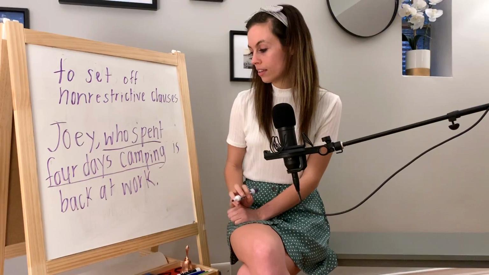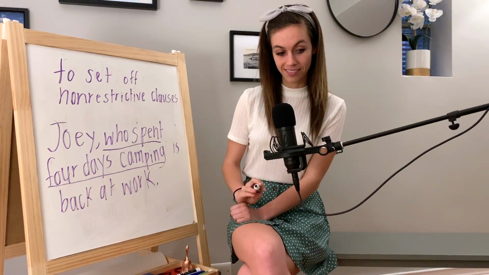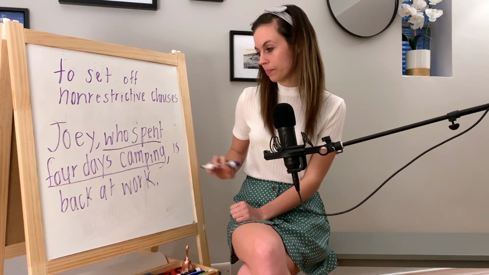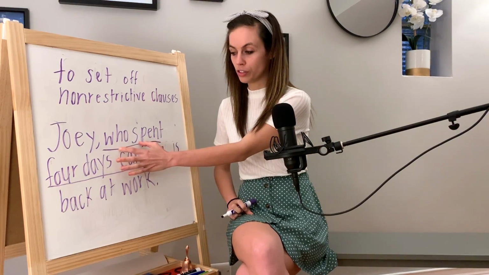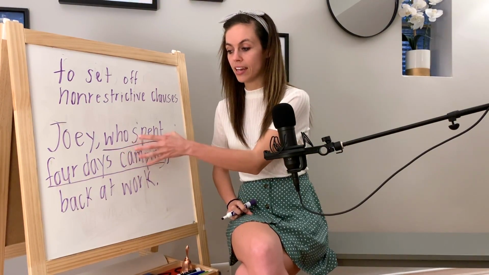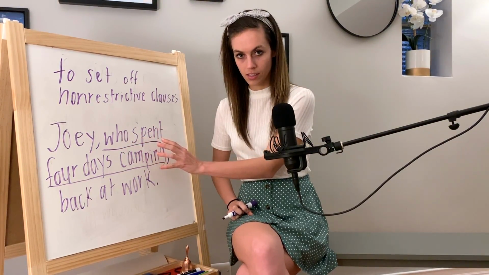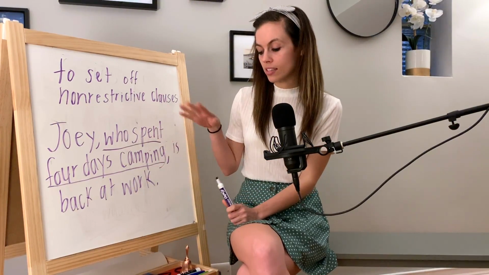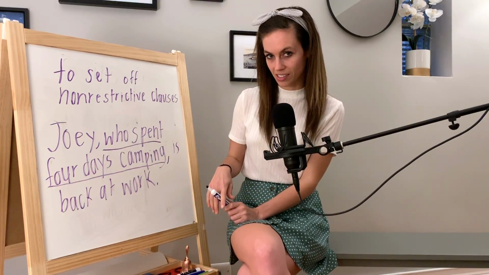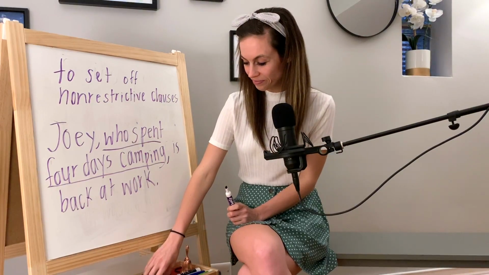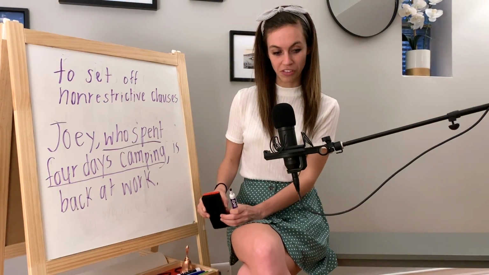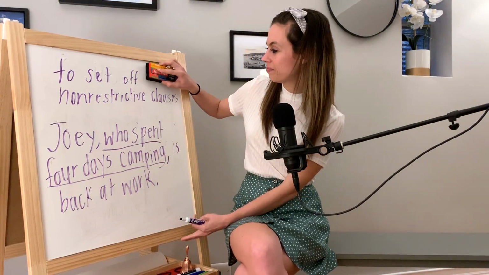After Joey and after camping. Because this is the non-restrictive clause. It's not essential to the sentence. I could erase it and the sentence would still make sense. Okay? Any questions so far? Okay.